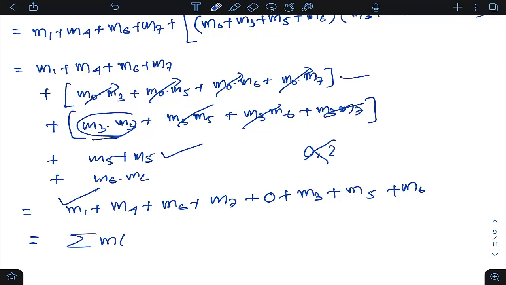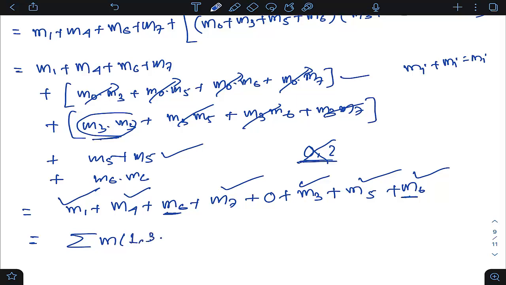Yes. 3 present? Yes. 4? Yes. 5? Yes. 6? Yes. 7? Yes. Although I have min term 6 twice, min term i plus min term i is again min term i. So I have everything except 0 and 2. So it is 1, 3, 4, 5, 6 and 7. This is what your f is.